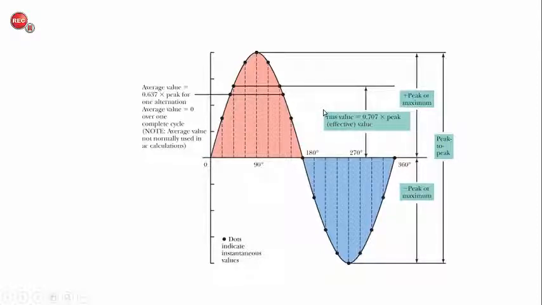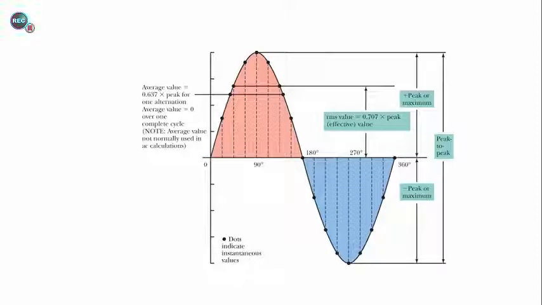Now the RMS value is important because it is the equivalent AC voltage to a DC voltage that has the same power dissipation value. And so an AC sine wave of a particular peak, that peak value is not really of a very high importance to us. The value of the voltage is not always at that peak value.